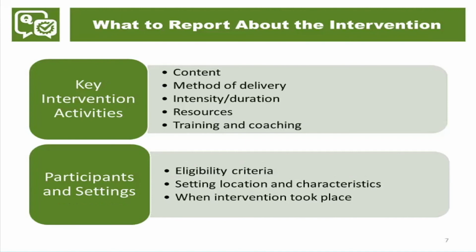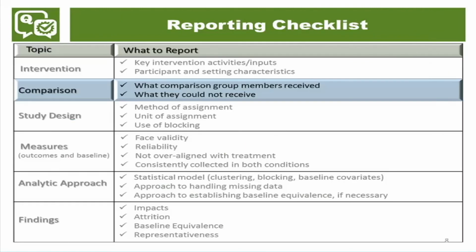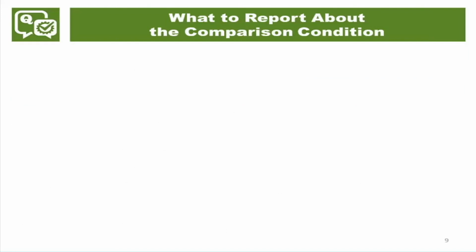In addition to talking about the intervention group, you also need to provide important information about the comparison group. The reason this information is important is so the reader understands what exactly is the contrast that has been studied. How different are the intervention and comparison groups, and in what ways are they different?